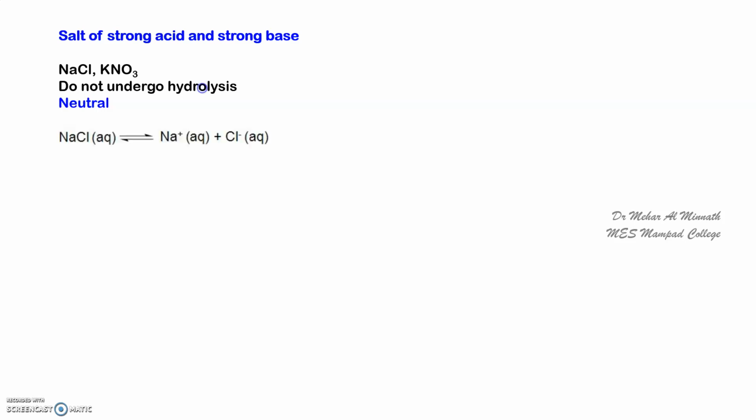So the ions will be from strong acid and base. They will not undergo any hydrolysis. They will get hydrated. Say salts like NaCl, KNO3, etc. They don't get hydrolyzed, they get hydrated. So the solution will be neutral. NaCl solution will be neutral. KNO3 solution will be neutral.